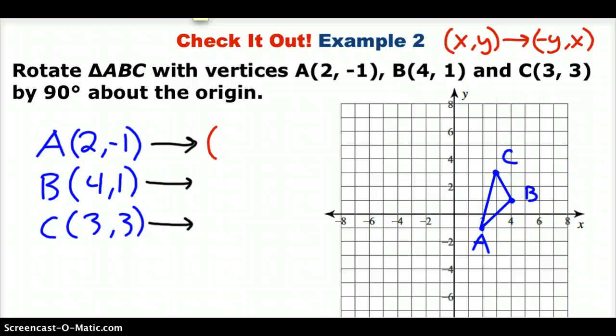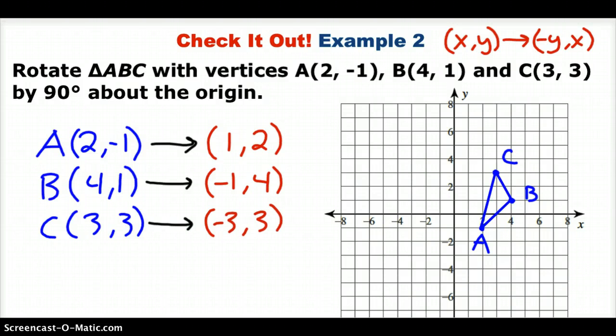So A prime is now (1, 2). Notice how I switched them around, and instead of writing -1, I wrote 1. For the next one, I switch these around and have (-1, 4). On this one, (3, 3), you switch those around and still have 3 and 3, but we make one negative, so this is going to be (-3, 3).